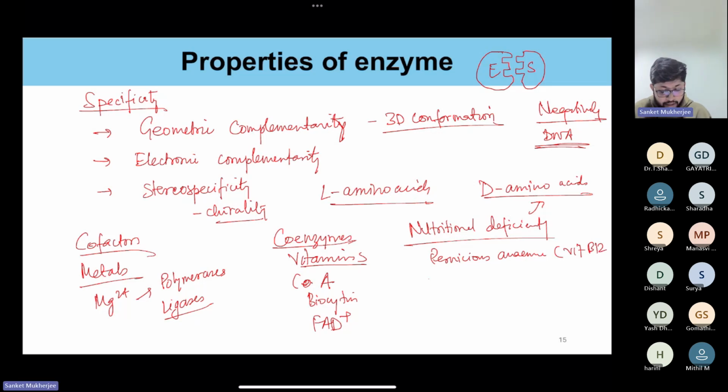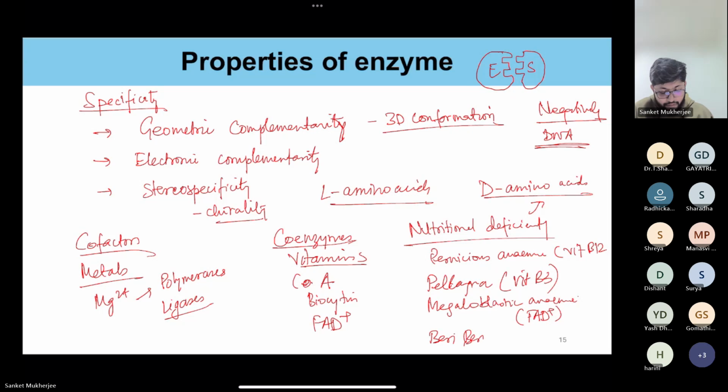Then there is pellagra, due to vitamin B3 deficiency. Megaloblastic anemia due to the FAD plus deficiency. And then there is beriberi due to thiamine deficiency.